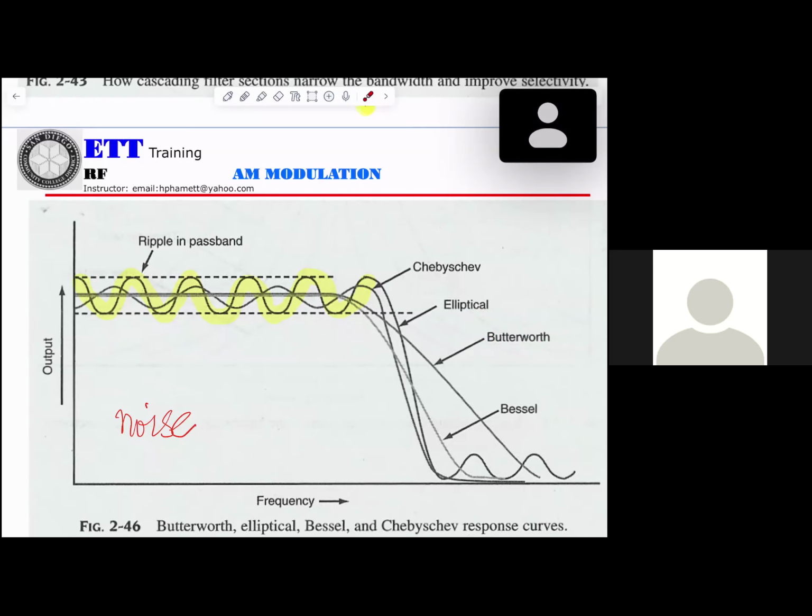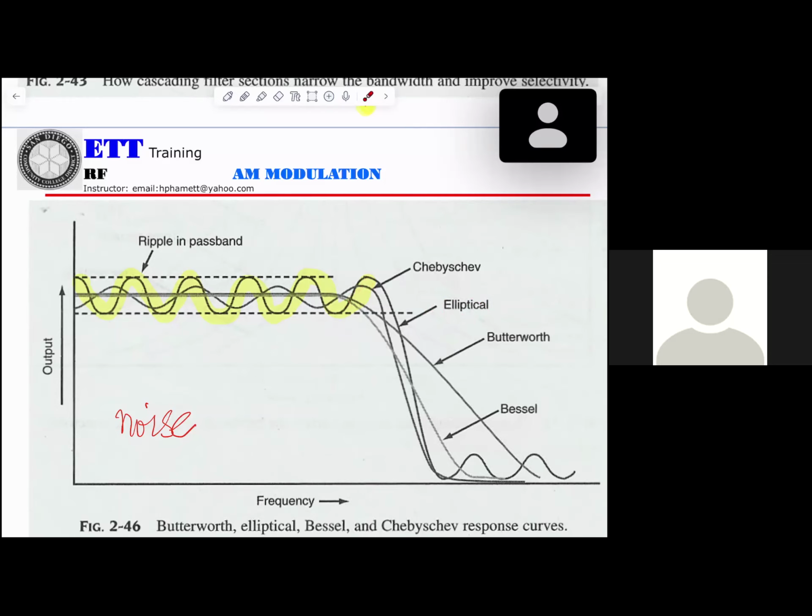A good filter will have a very, very narrow bandpass. So this one is not good, but the fourth one. Why? The wider, okay, for the bandpass. I can tell you this one, elliptical, is not good.